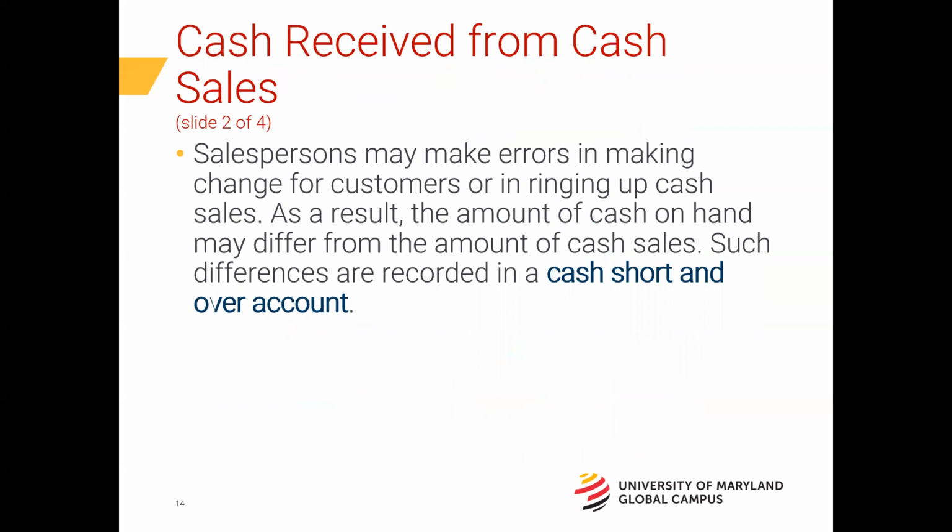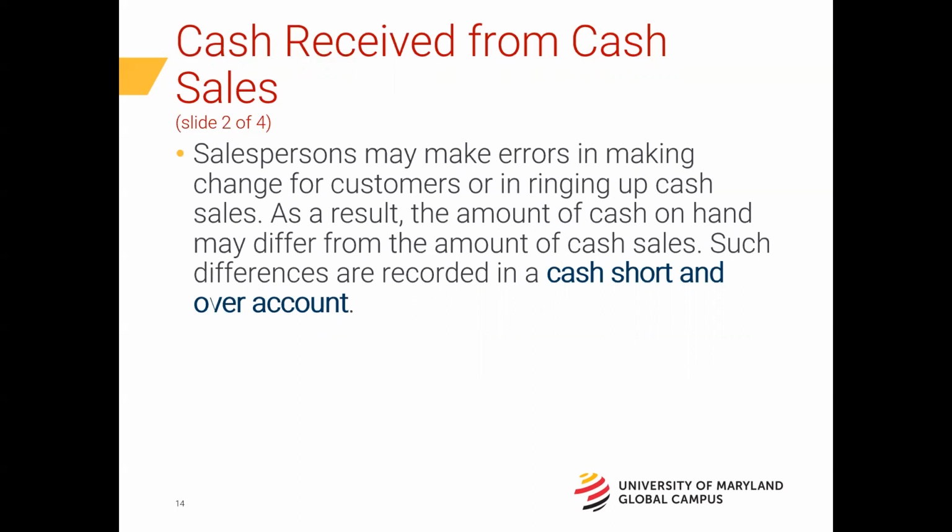Sometimes there's a situation where there's what we call an over or short. What this is, when we ring up a sale, we either didn't give the customer enough change back, meaning we forgot to give them some of their change, or we gave them too much change, right?